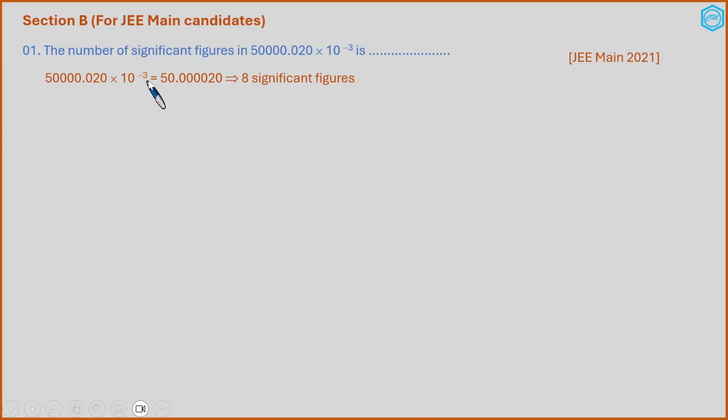So if we write it as 10 raised to minus 3, the decimal point moves 3 places towards left. So it is 5.000002. All these zeros are significant, since this zero is in between digits and the others are towards the right of the decimal place. So altogether there will be 8 significant figures.